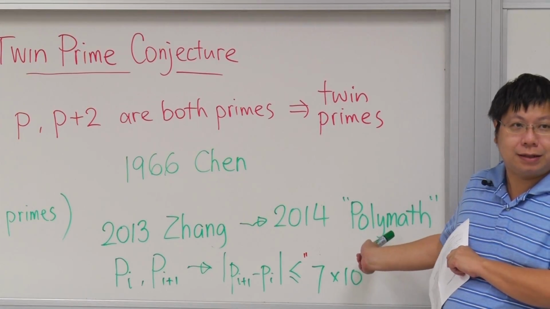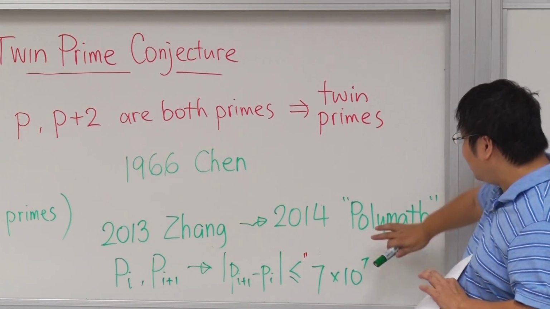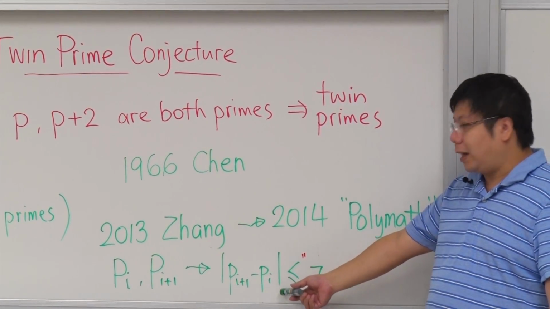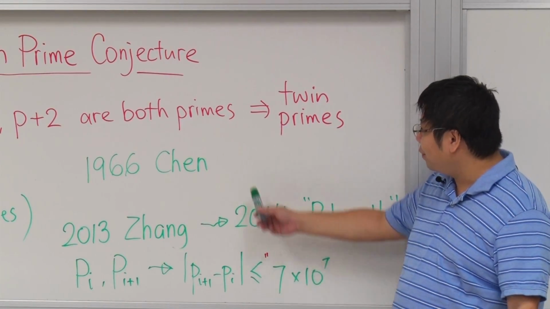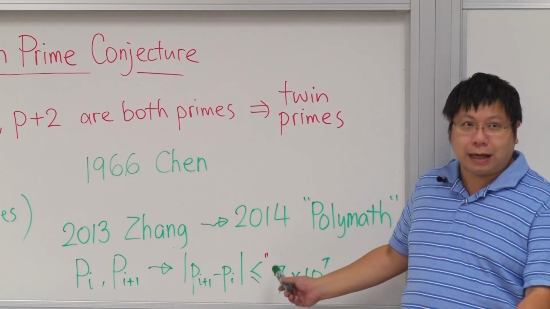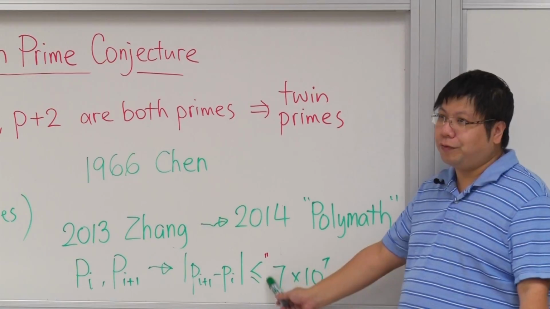Polymath has successfully solved a couple of problems, and this is one of them. Zhang has a new technique to attack the twin prime conjecture, and they try to use Zhang's technique together with what they know to further improve this gap.